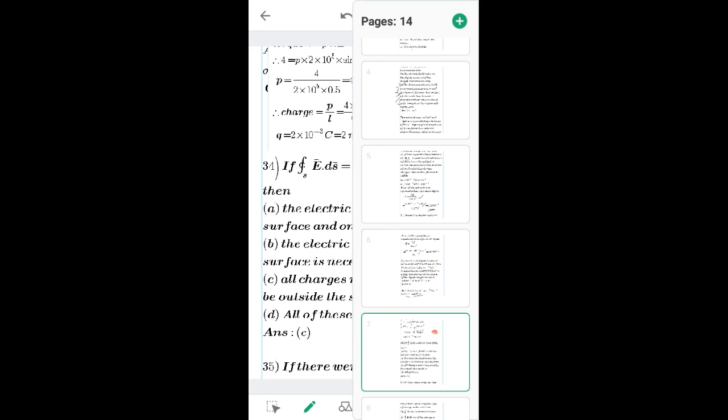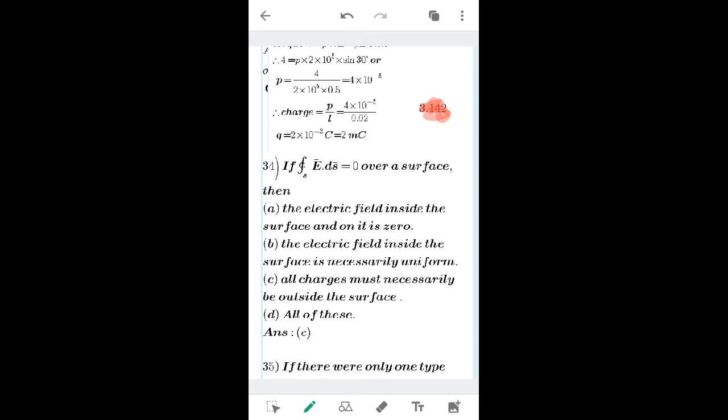So therefore the equation is tau equal to P E sin theta, or tau equal to P cross E, right? So P E sin theta is the equation, and what we have to determine is the charge. So now charge equal to P by L.